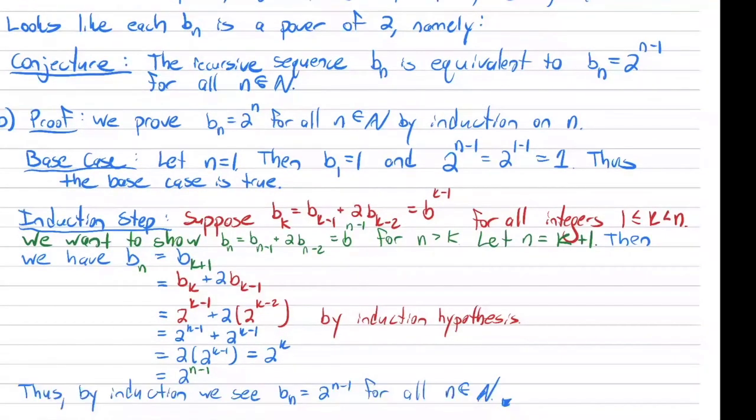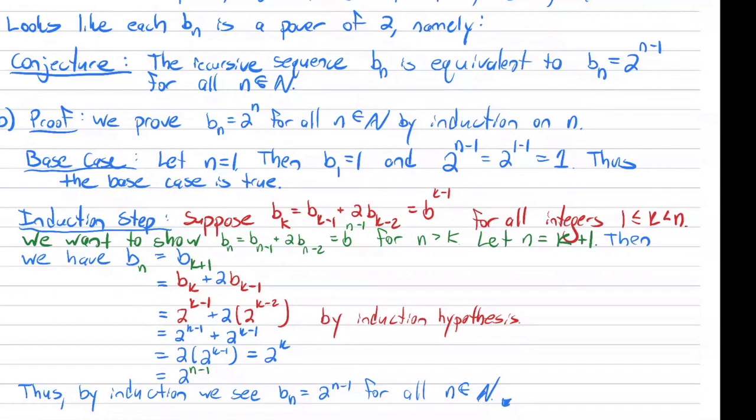And now you want to show that b to the n, and we'll set that equal to k plus 1, is equal to 2 to the n minus 1. And so that induction step requires us to use induction on b to the k and on b to the k minus 1. Right? So we need the 2 previous cases in order to prove the nth case. So in order to prove the k plus 1 case, I need the kth case and the k minus 1 case.